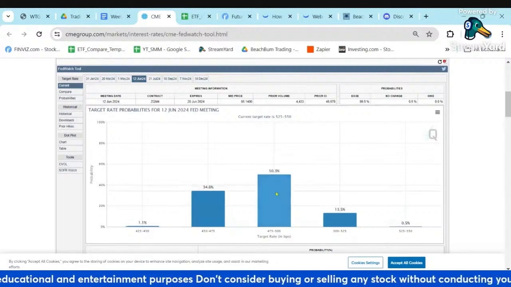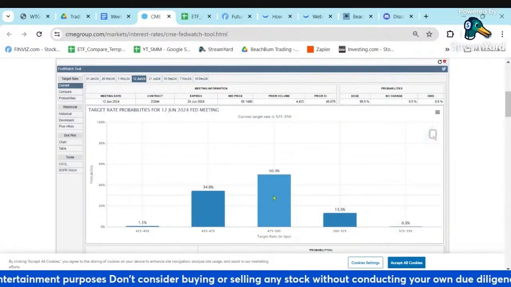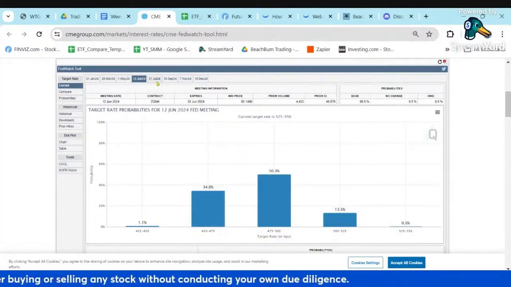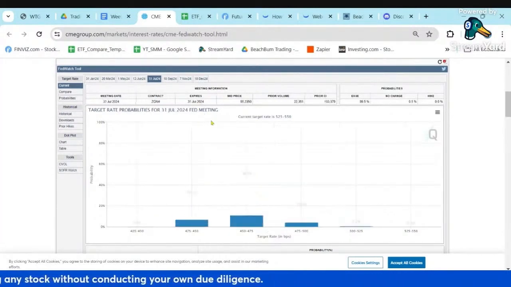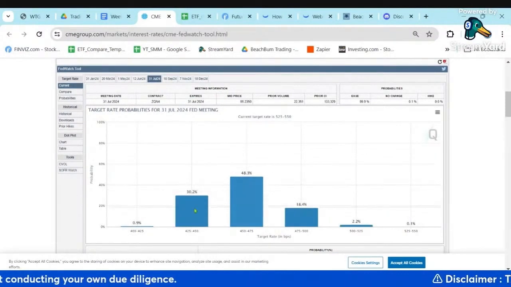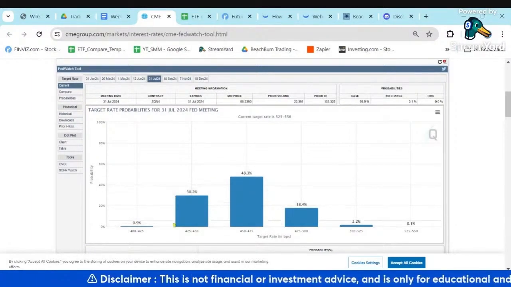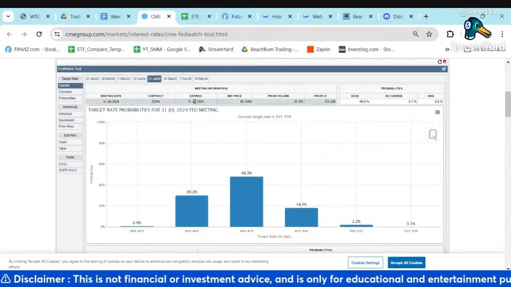Out to June. So now possible 2 cuts, 34%. Well, to July, now we've got more than 2 cuts already in July. So again, Fed officials are saying 3 for the year, and the market's already predicting they're going to get 3 by July.